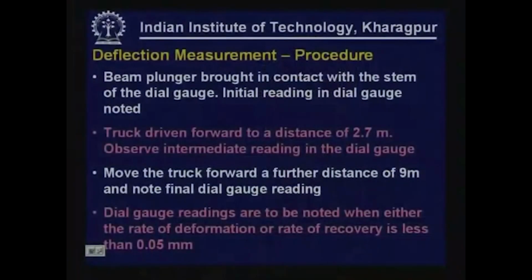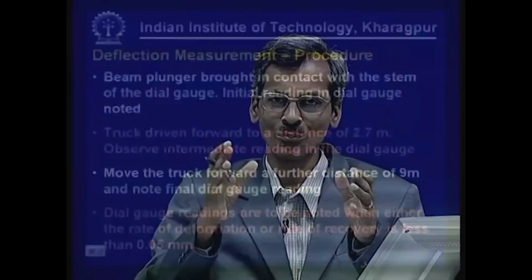For this position, if there is any change in the dial gauge reading, we will note that as the final dial gauge reading. So, there are 3 positions of the wheel loads: wheel load directly over the point, initial reading; wheel load placed at a distance of 2.7 meters, intermediate reading; wheel load moved by a further distance of 9 meters, final reading in the dial gauge. These are the 3 readings that we are going to note down.